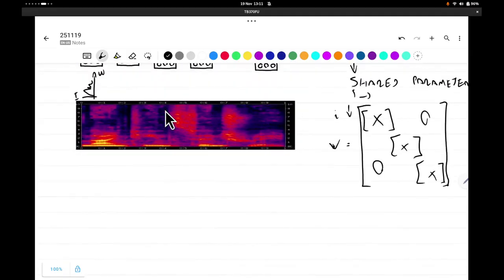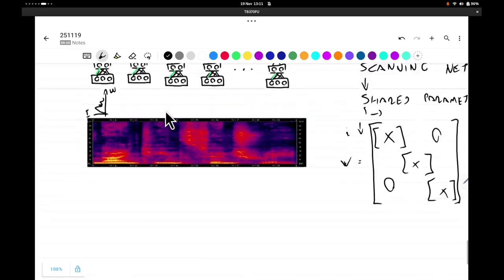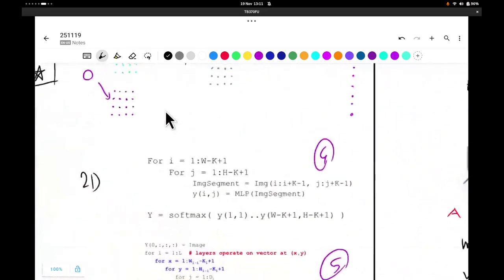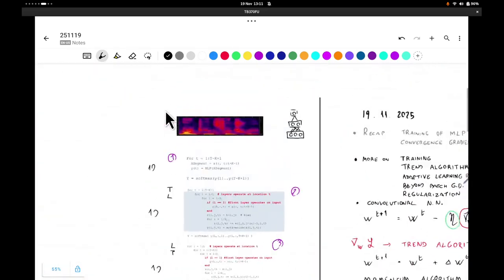Okay, convolution. Convolution, the next point. I need the aid of my notes here, one second.